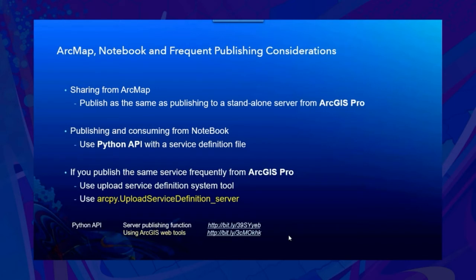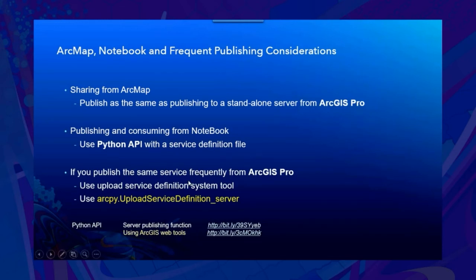Then with that, you can either call the ArcPy upload service definition, or if you have access to the server instance, you can use the Python API and call a function within the server instance. Here are the links below that allow you to read further about server publishing in Notebook using the Python API.